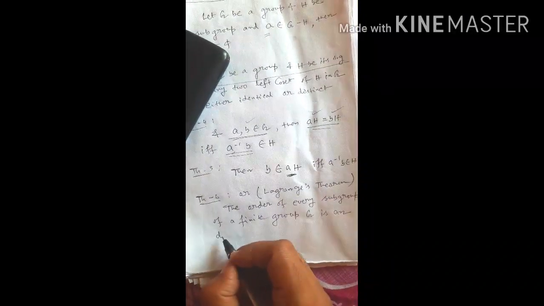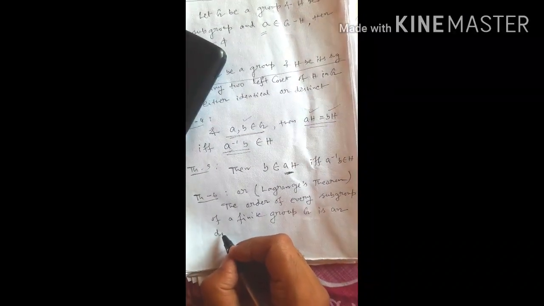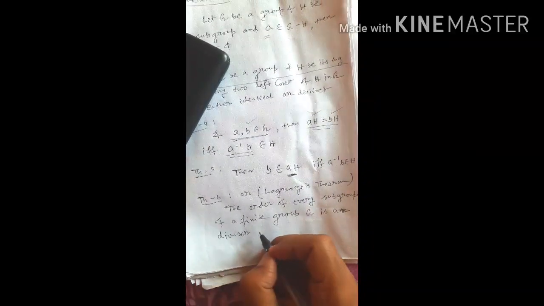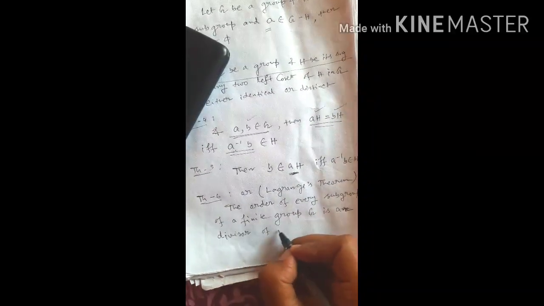The order of every subgroup of a finite group G is a divisor of the order of G.